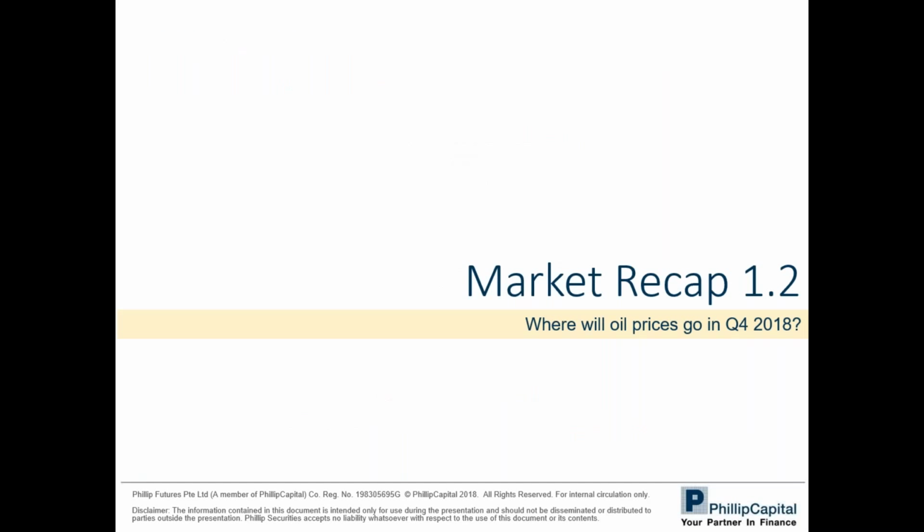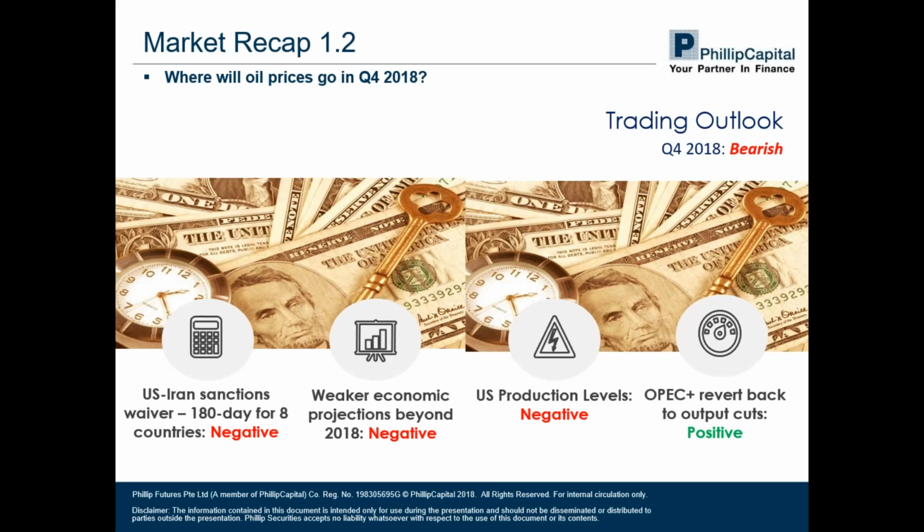So from a technical perspective, where do we see prices going in the next quarter, and also what are the key factors hampering it? So the first point I would say is that we are actually very bearish on the current prospects of oil. It's quite unusual because we have been bullish for oil since the start of 2018. But from a fundamental and technical perspective, we can see that the market has turned.